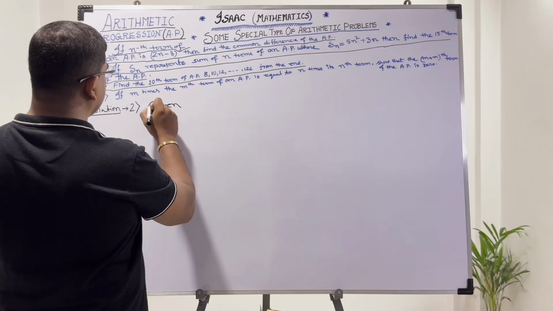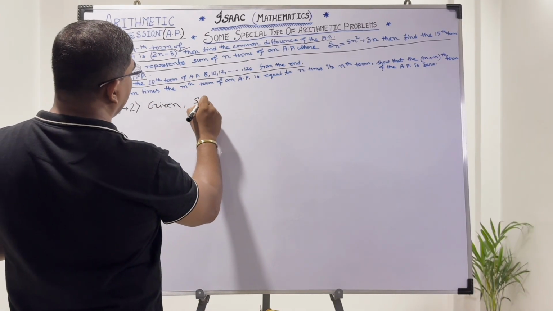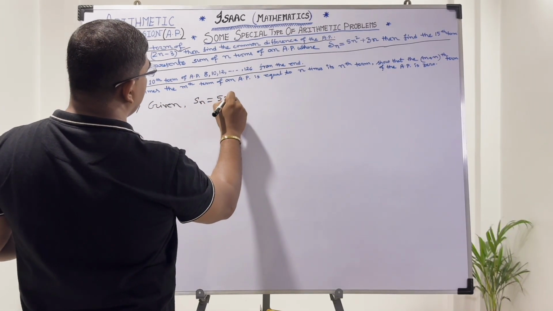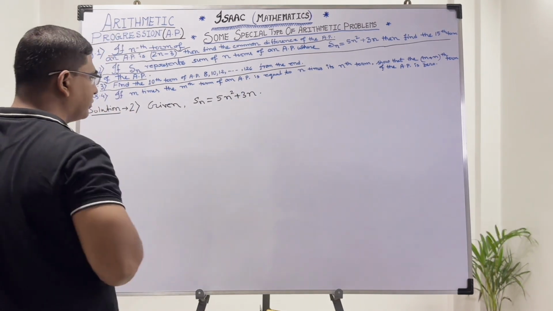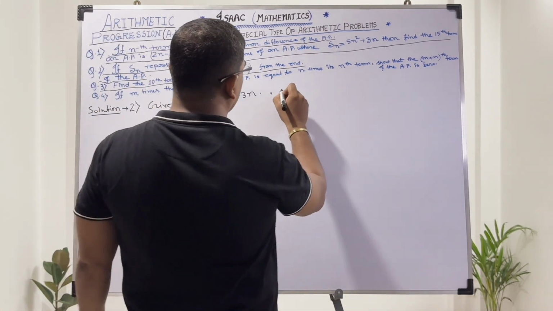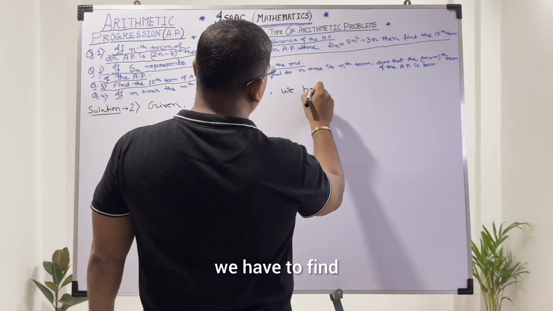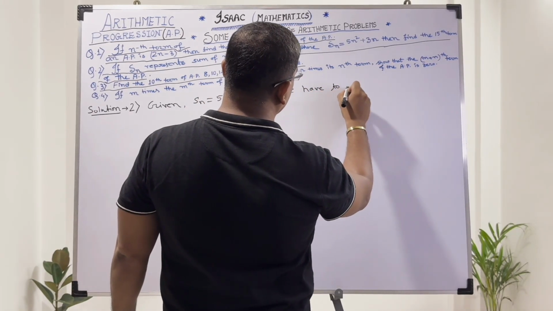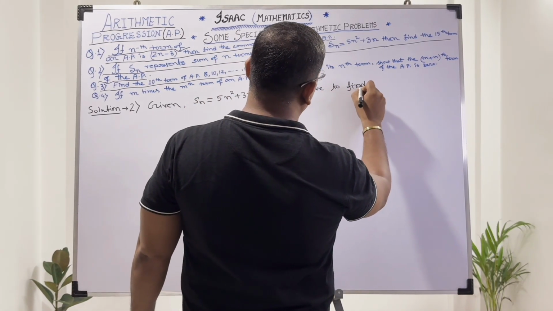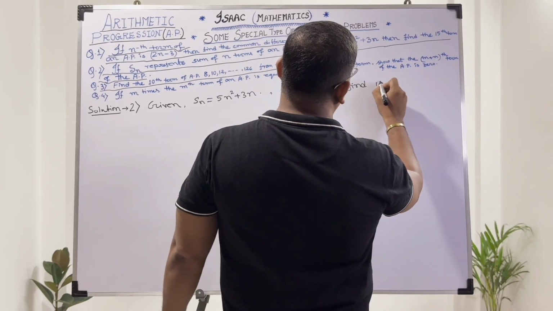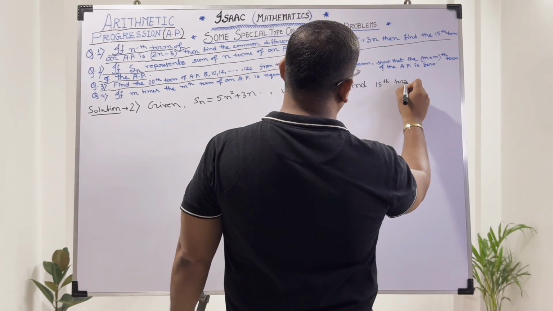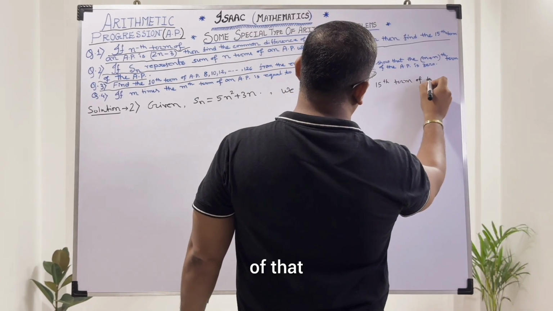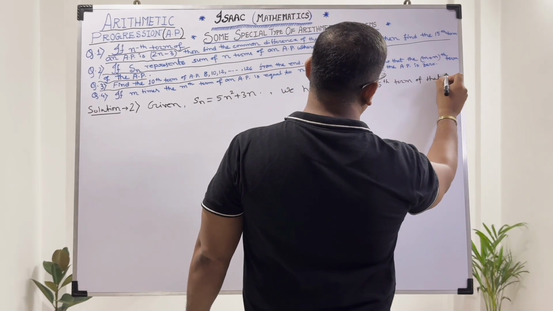Given Sn equals 5n square plus 3n. We have to find the fifteenth term of that AP.